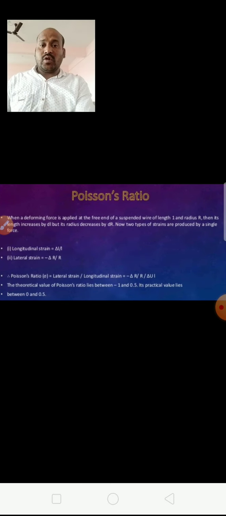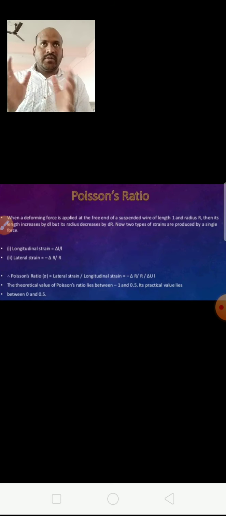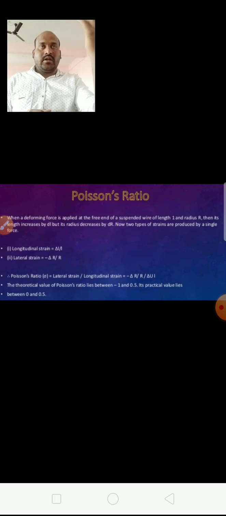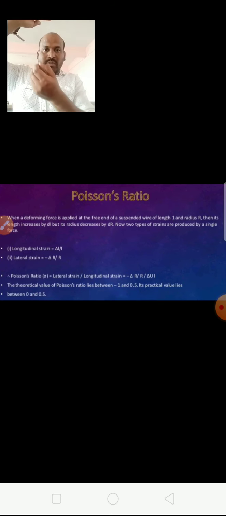Next, the limit of elasticity we already studied, and Poisson's ratio is also in this. In Poisson's ratio, for example, there is a cylindrical material. If you fix it to a hanger or any fixed surface and apply force below, the solid material's diameter decreases and its length increases.